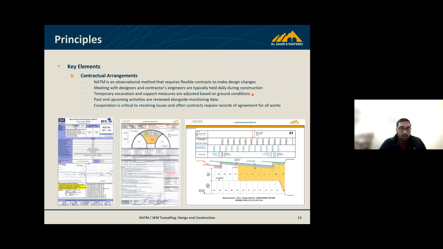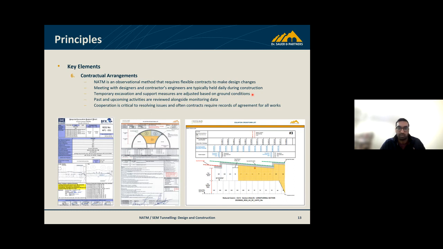Contractual agreements are quite a key element in the principles. SEM is an observational method, and that requires flexible contracts to make design changes. As you're building it, every day we have a meeting or process with a required excavation support sheet.